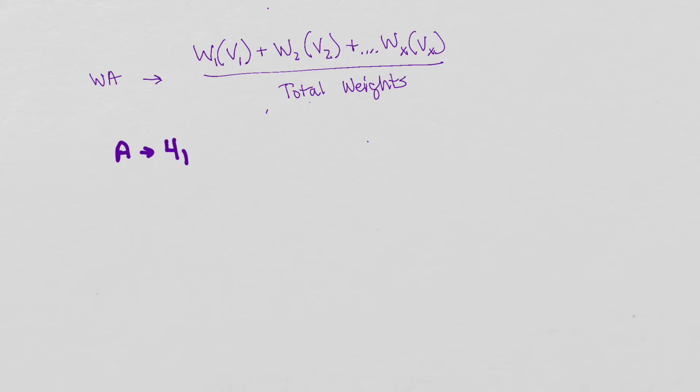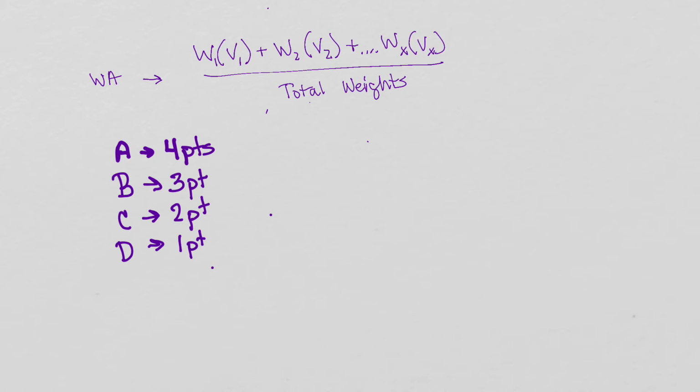A B is worth 3 points. So these are their weights. A C is worth 2 points. A D is only worth 1 point. And an F is worth 0 points.